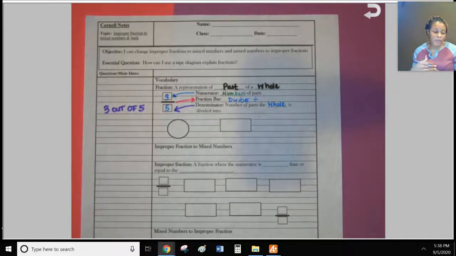Because if we're looking at a fractional piece or a diagram, we would see 3 out of the 5 are shaded. That represents 3/5. So the numerator tells us the number of parts, our denominator tells us the number of parts the whole is divided into, and our fraction bar signals that this is a division problem. It tells us to divide.